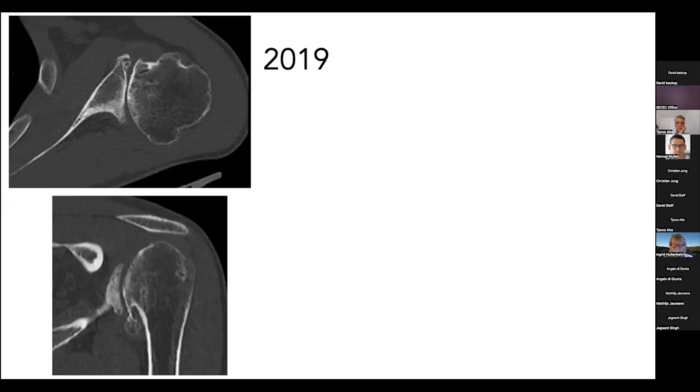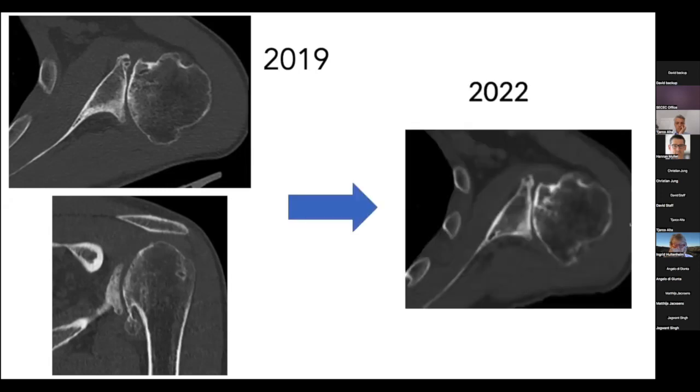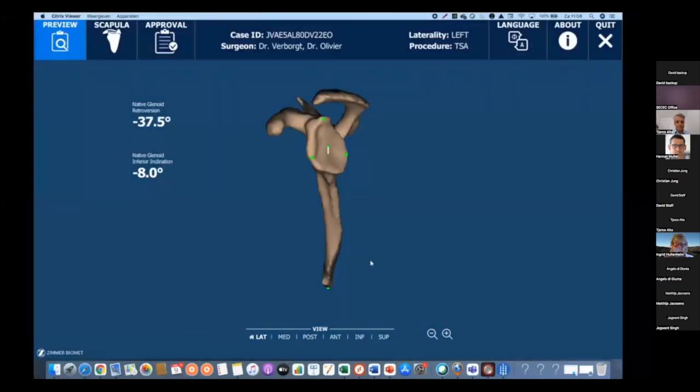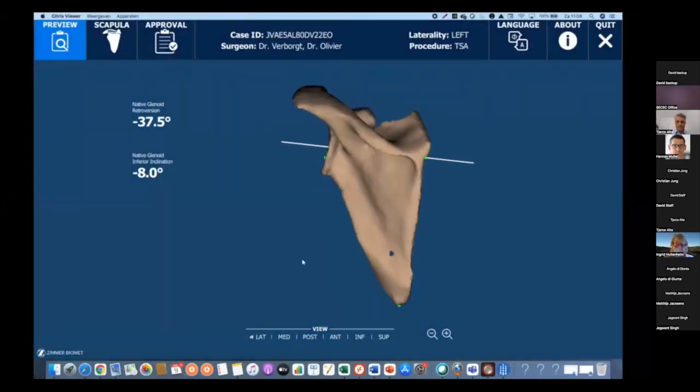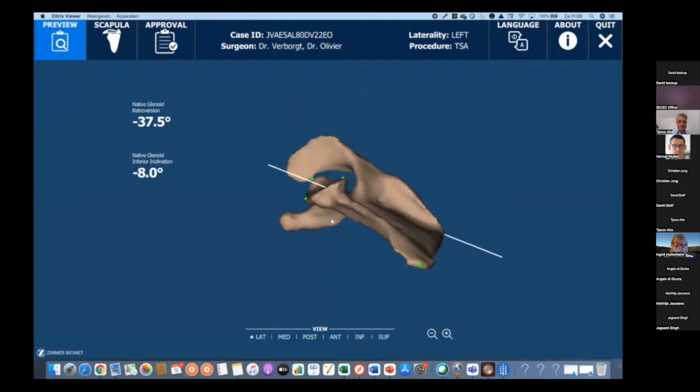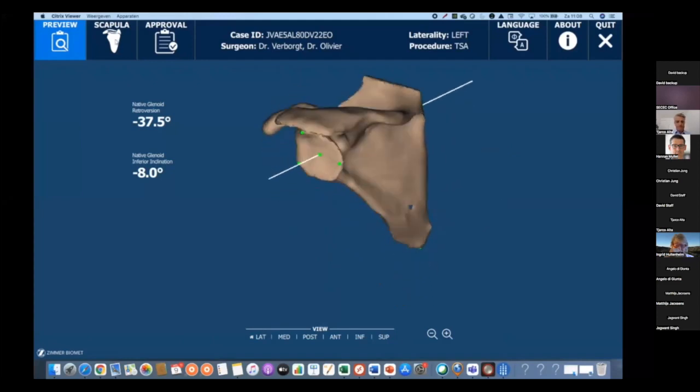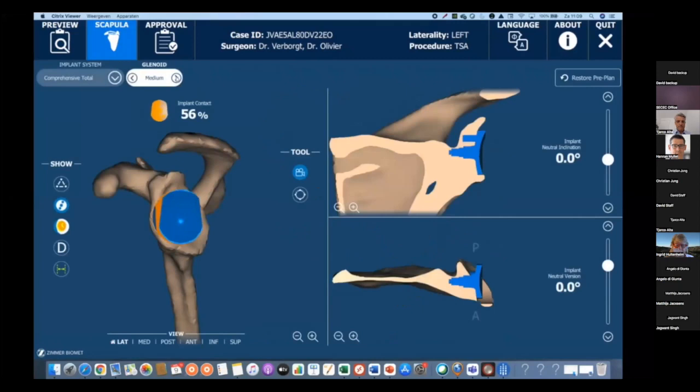Just because he's so young, it was decided not to go for surgery immediately. But 3 years later, he had more pain and dysfunction, and the glenoid deformity got worse. When you take this deformity to a 3D planner, the surgeon can now analyze the deformity better. You can see it's a big retroversion of more than 30 degrees.